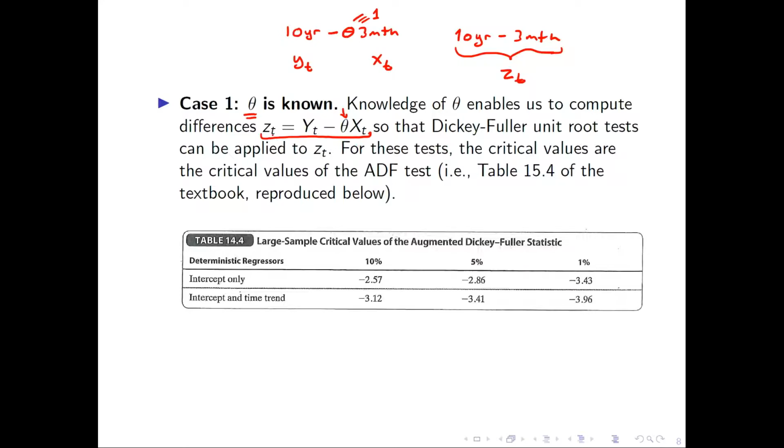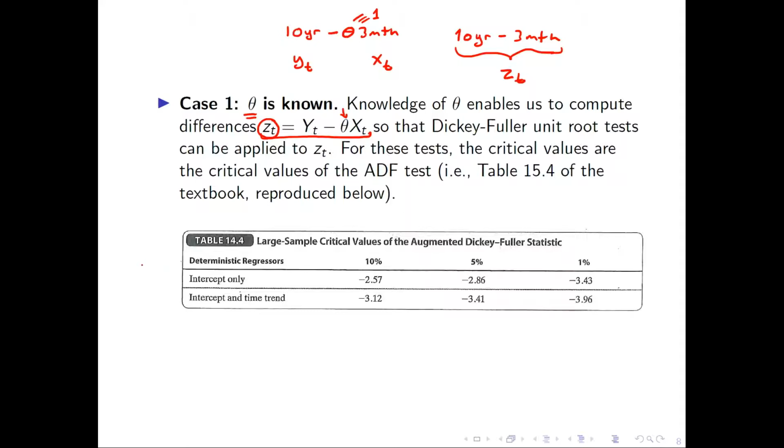And this difference is a new variable called zt, and this zt can be tested for a unit root by the Dickey-Fuller or the augmented Dickey-Fuller statistic. And the critical value for this test, when theta is known, is the critical values for the ADF test.